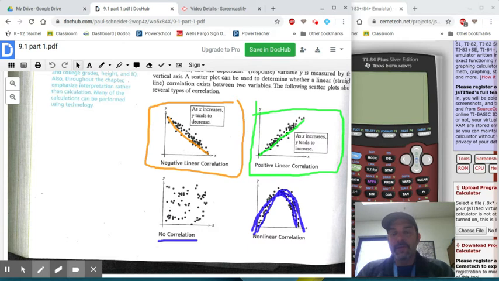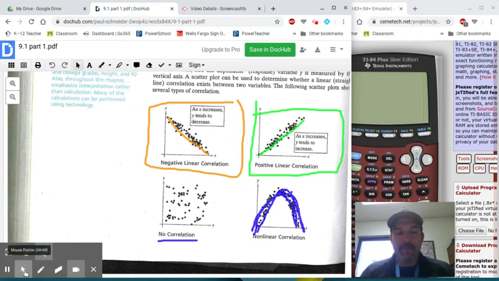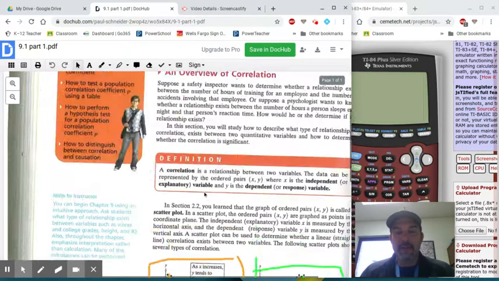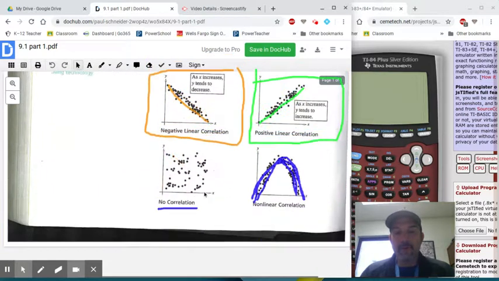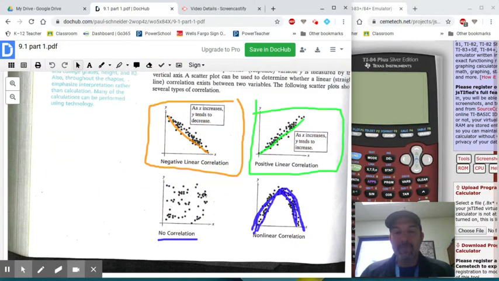You would look at quadratic, cubic, quartic, all of that sort of thing in higher level stats classes. So this page right here is just kind of an overview for us, and we'll get into more detail in the next video.